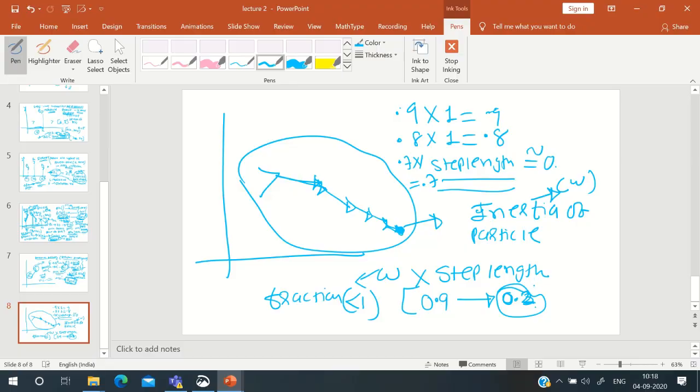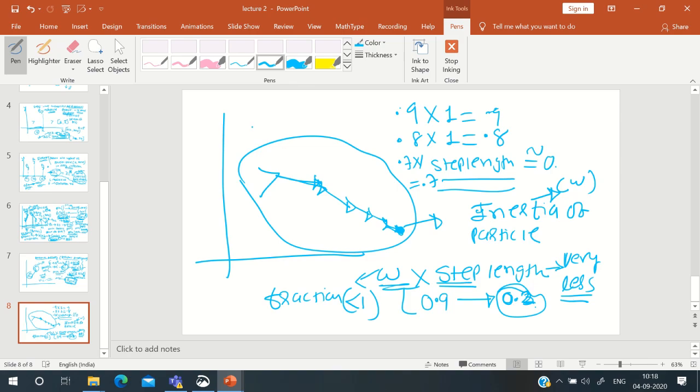It means by a very small fraction, and ultimately the product of W and step length would be very less, and that we want. We want to reduce the step length as the number of iterations increases.